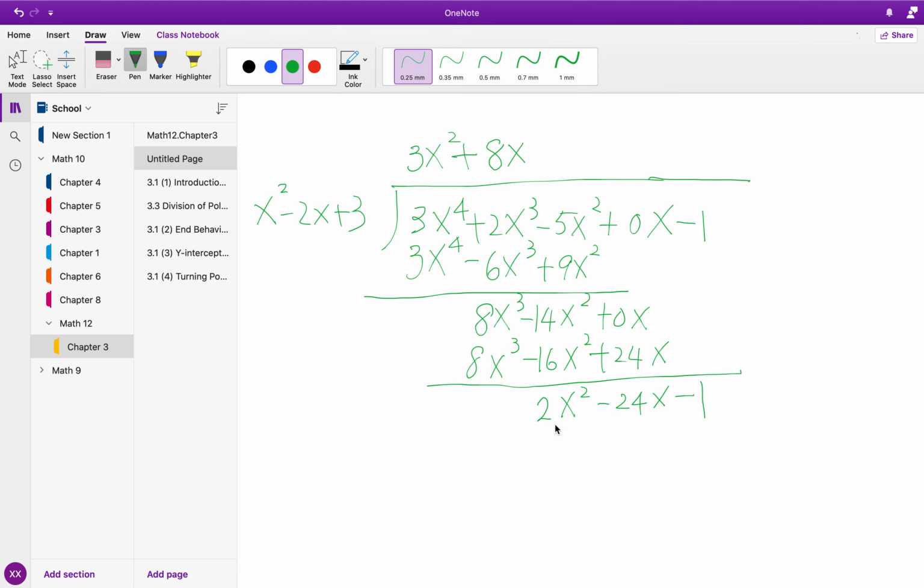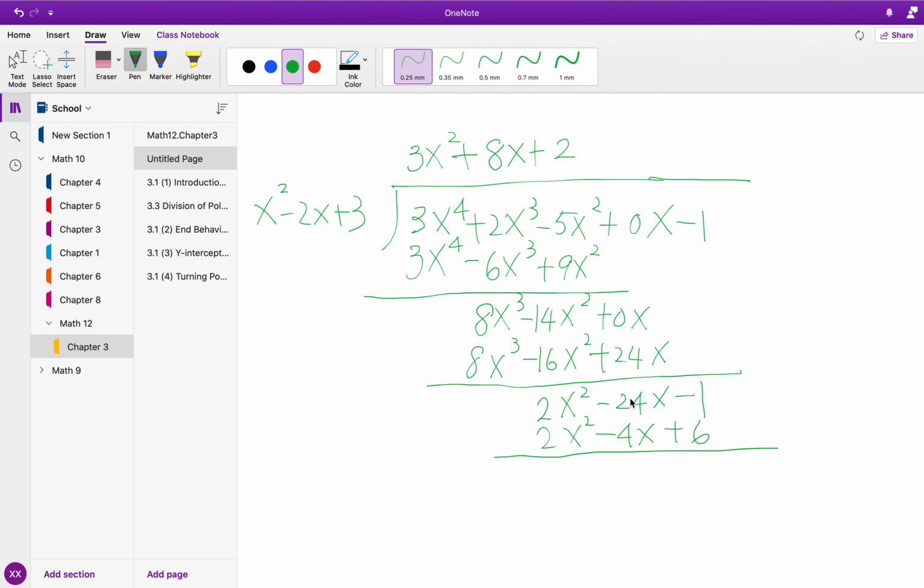Now 2x to the power of 2, there's 1 x to the power of 2. So sure, plus 2. So 2 multiplied by that is 2x to the power of 2. Negative 2x multiplied by 2 is negative 4x. 3 multiplied by 2 is 6.